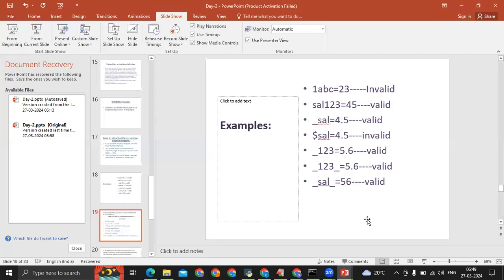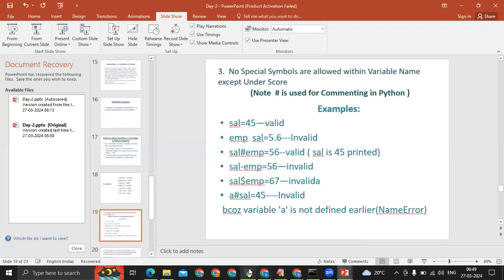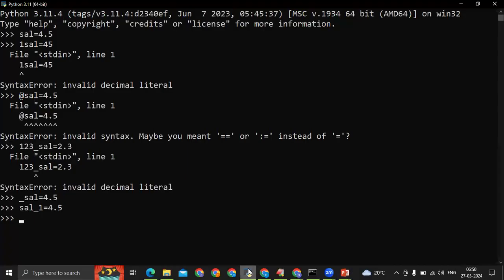Let's go back. Now, I'm writing salary_employee = 45.